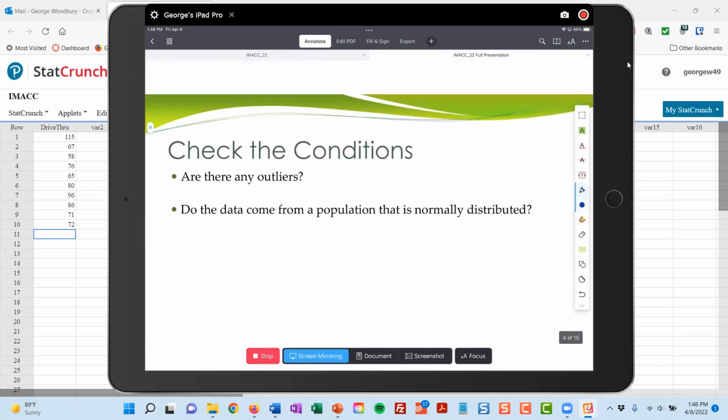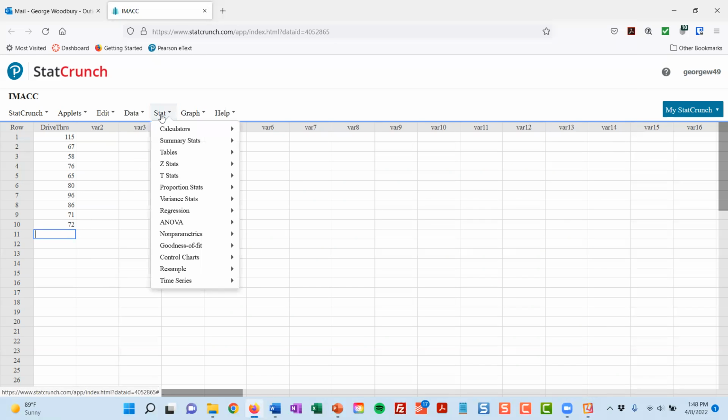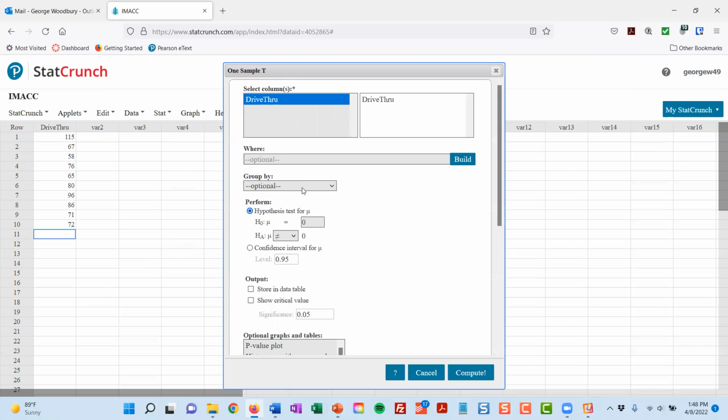What we're supposed to do first is check the conditions. Are there any outliers? Does the data come from a population that's normally distributed? I've got this data loaded into StatCrunch. The 10 values are here, and I would just do the regular t-test for one mean, pull in the data, and set the mean equal to 90 versus less than 90.